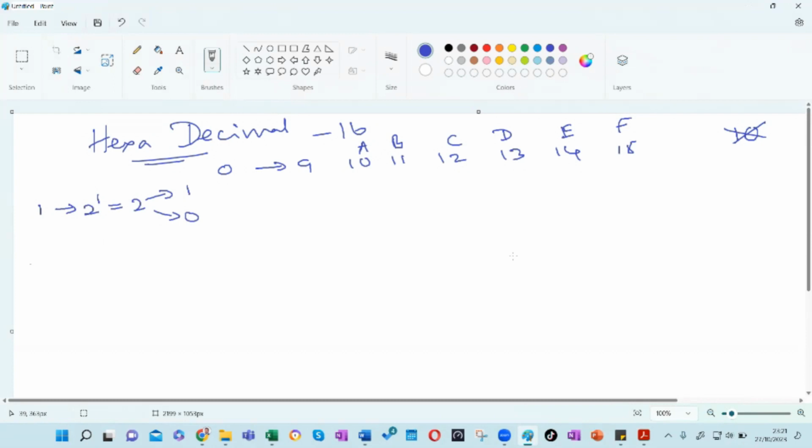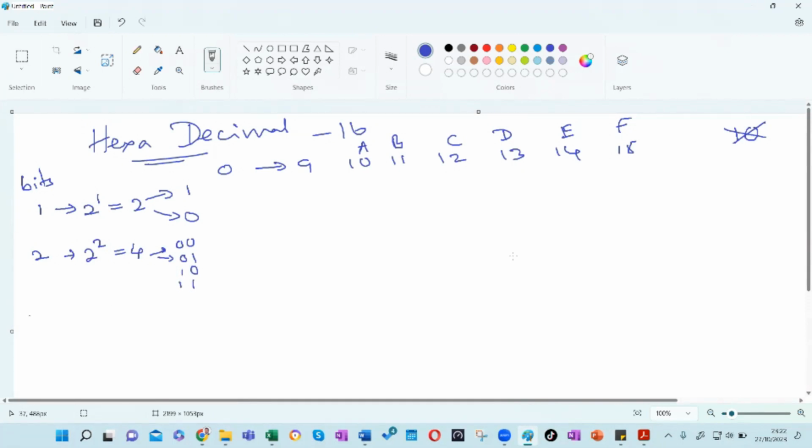If you have 2 bits, you can have 2 to the power 2, which is 4. So you can have 4 combinations: 0 0, 0 1, 1 0, and 1 1.